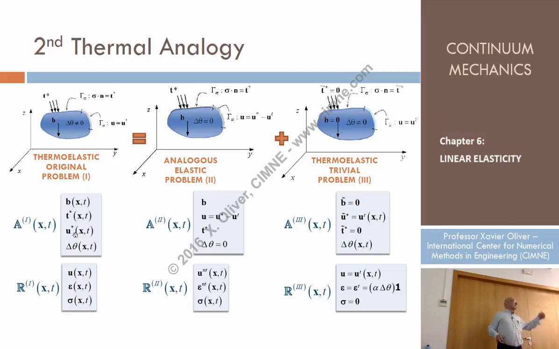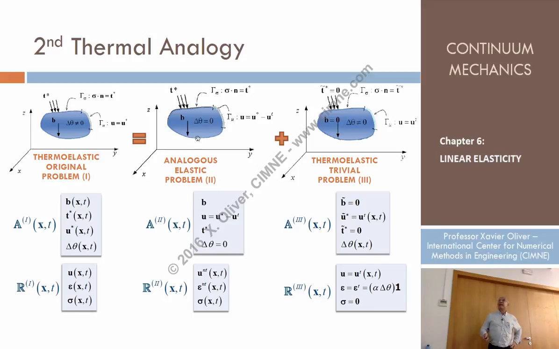We just, as a preliminary stage, compute the thermal displacements by integrating the thermal strains, which are known. We integrate these equations, we obtain thermal displacements, and then we are ready for solving the analogous problem 2, which is no thermal, no temperature involved.